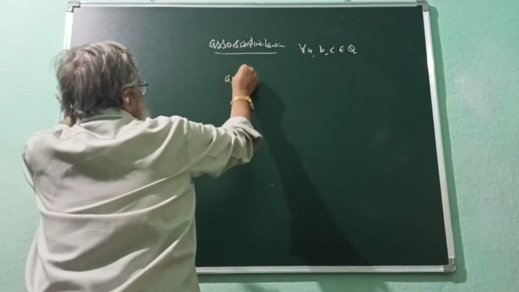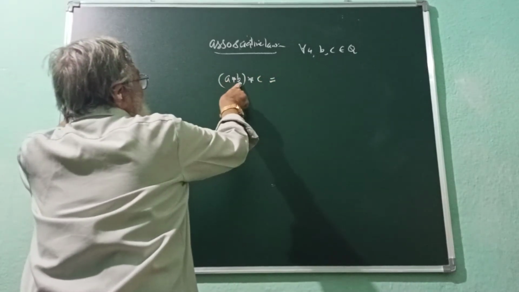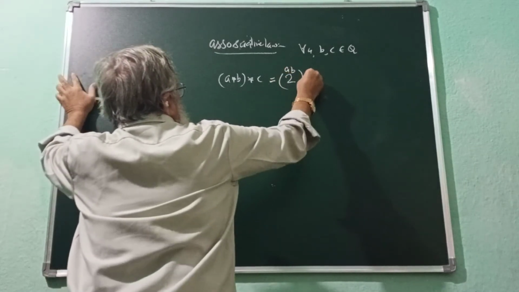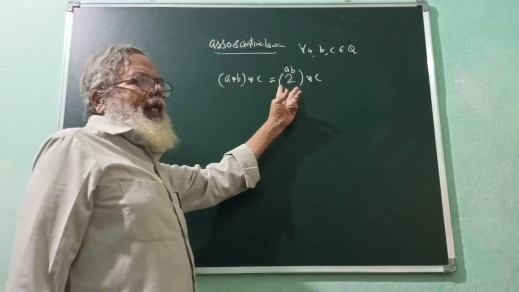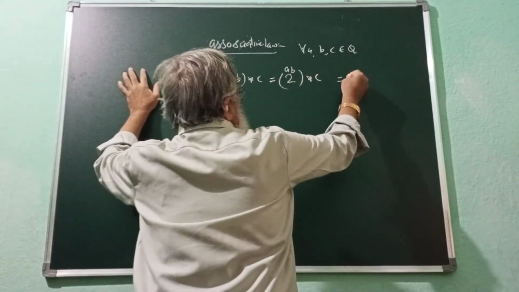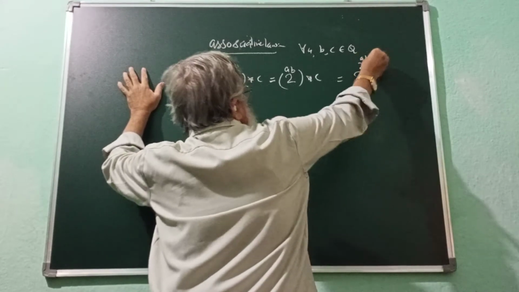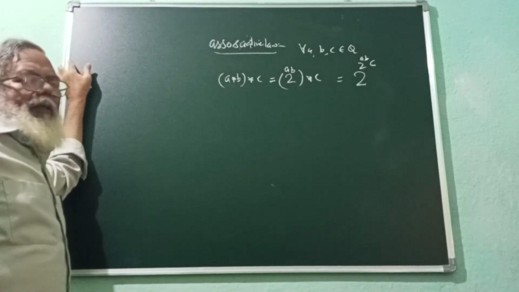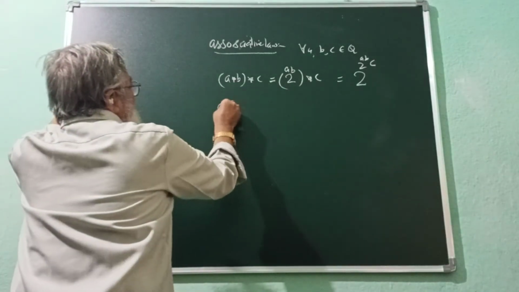A star B star C: first we operate on A star B. By the definition it is 2 raised to AB, star C. Now remember, this entire quantity should be treated as A and C should be treated as B. A star B is equal to 2 raised to A into B. See how we are writing, 2 raised to A into B, whatever value it may have. Now let us take the right hand side.